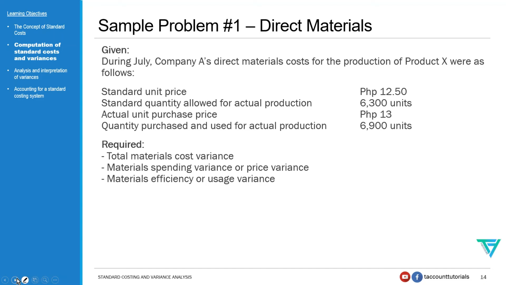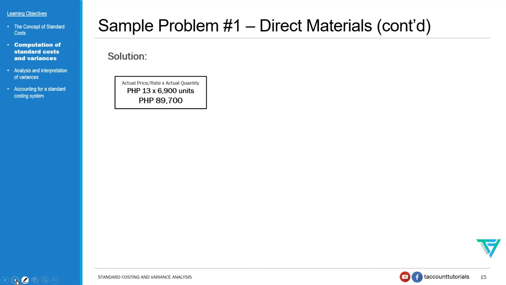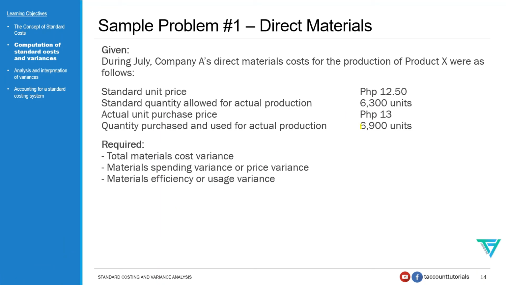Right. So we can proceed to analyze this just as how we explained the variances earlier. So first, we can plot here the actual cost, which is computed as actual price multiplied by the actual quantity. We do have an actual price of 13 and then actual quantity of 6.9.